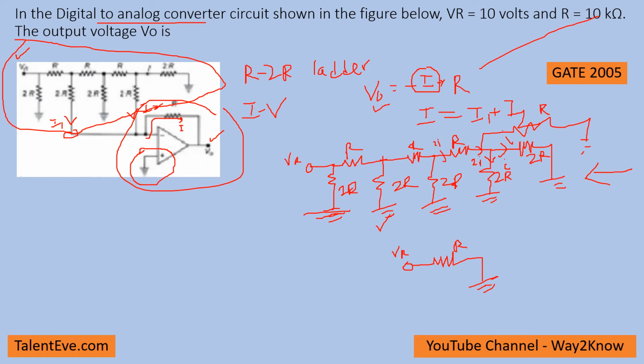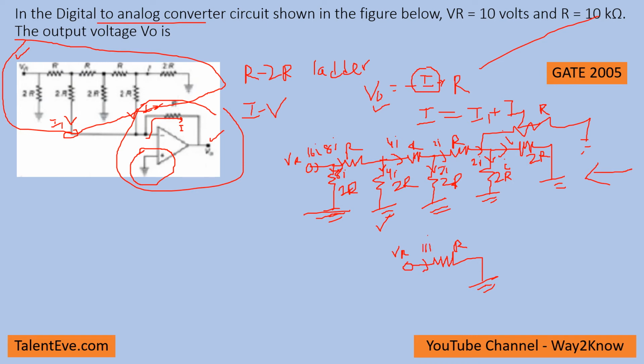If this is 2I, we know this equivalent is 2R, so again this is 2I. The advantage of this R-2R ladder is that it is symmetric, so you can just keep adding: this will be 4I, again 4I, and then 8I, because 4I plus 4I is 8I, and this will be 16I. So the current here will be 16I.